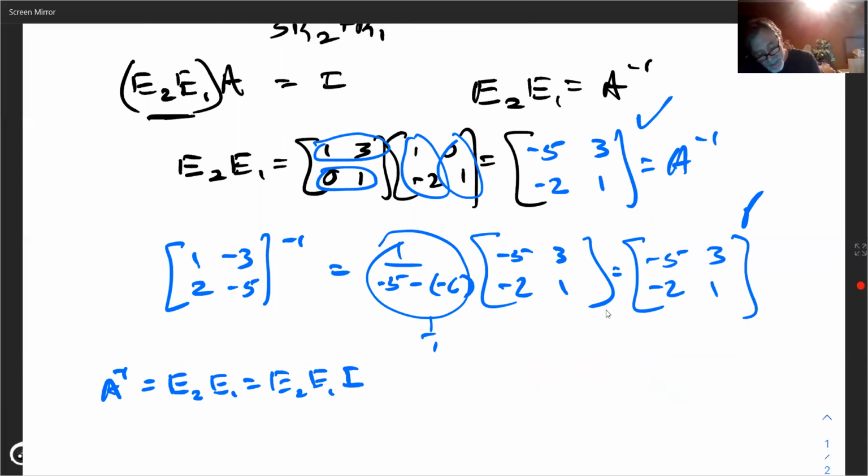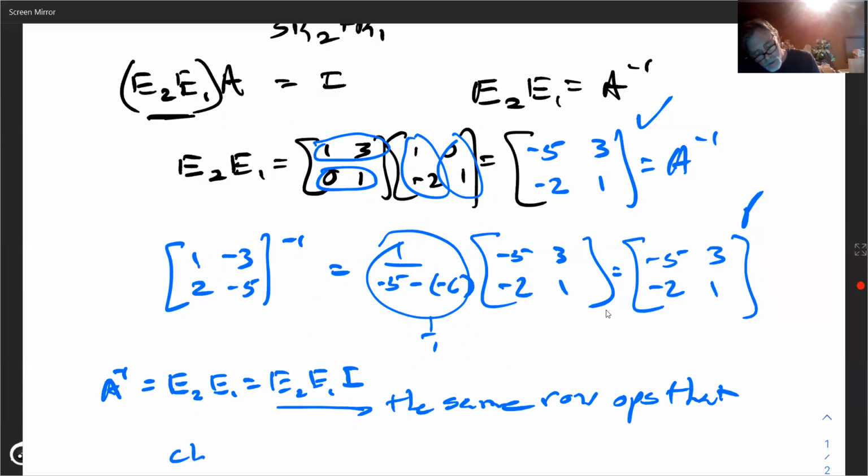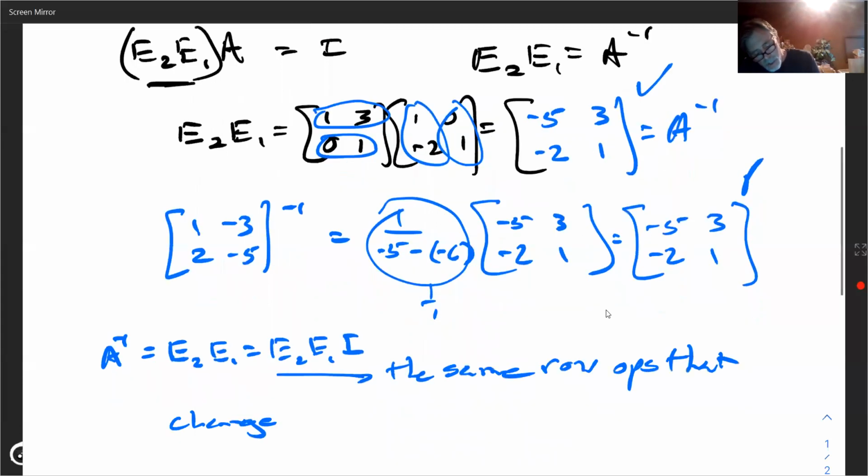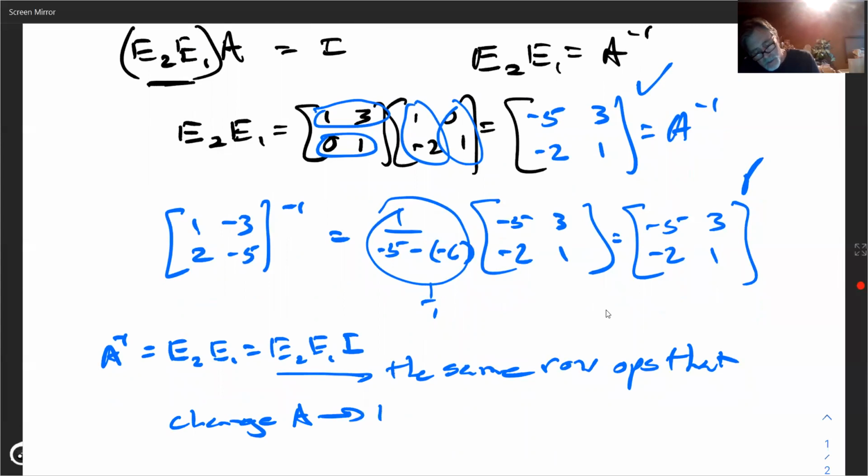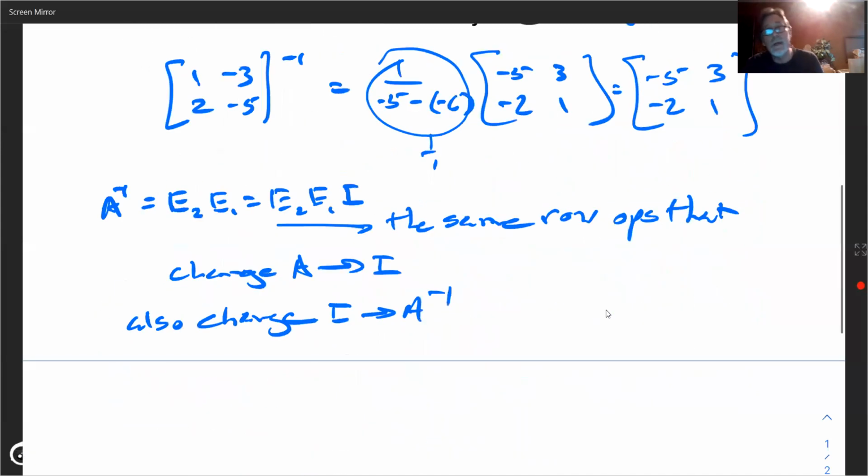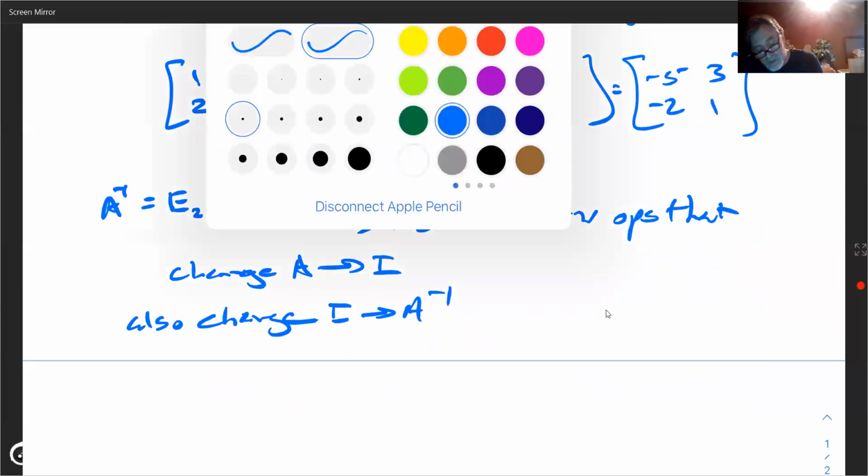But what this is saying is the same row ops that change A into identity also change identity into A inverse.